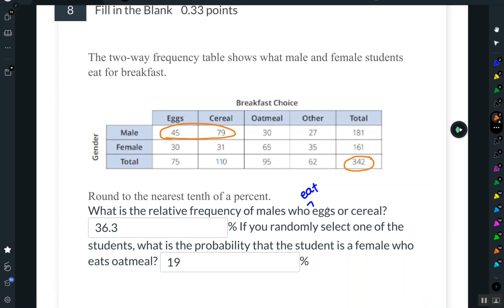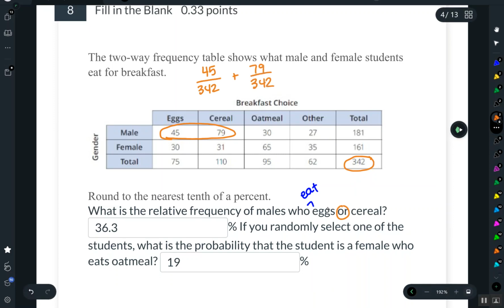So because it says or, we can do it a couple of ways. We could do 45 out of 342 plus 79 out of 342. Or, because it's a common denominator, you can just add 45 plus 79 and then divide it by 342.